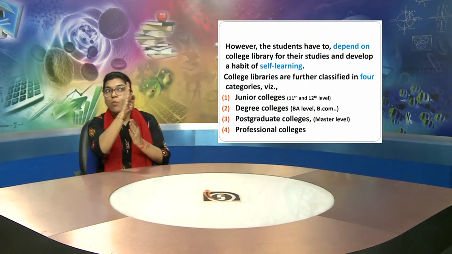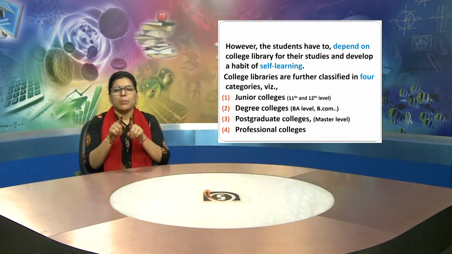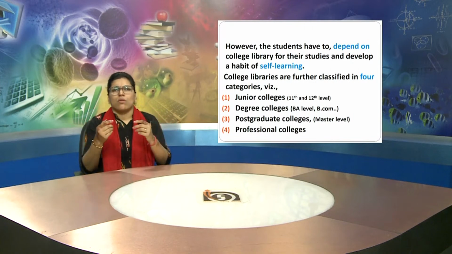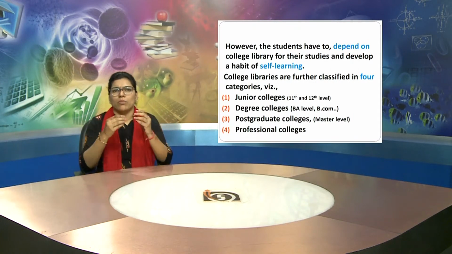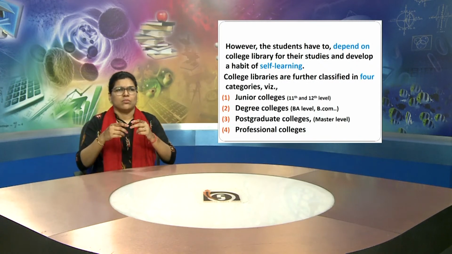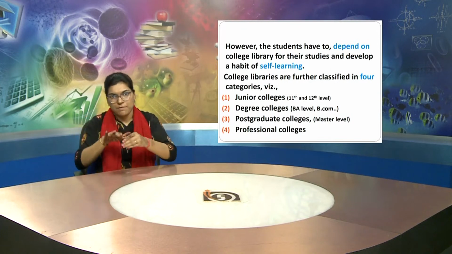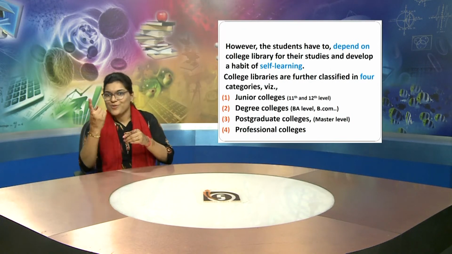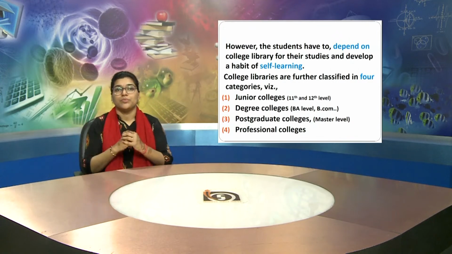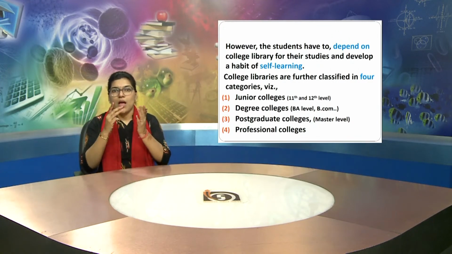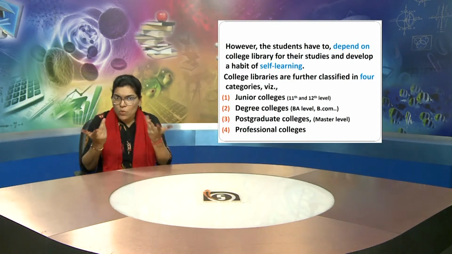So 11th and 12th are generally known by another name, junior colleges. And if we talk about the degree colleges, this is another college library type. Graduation courses, like BA, BCom, or we also call it class 13 and class 14, come under degree colleges.